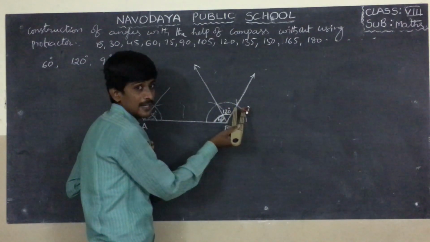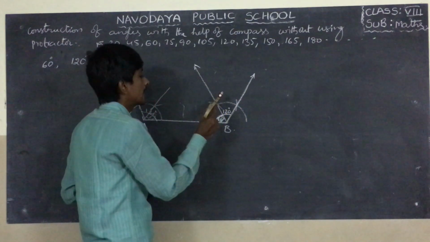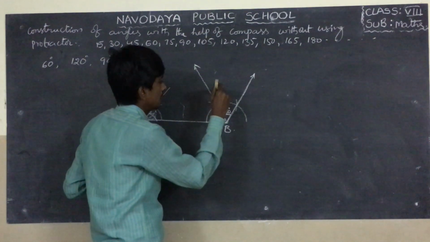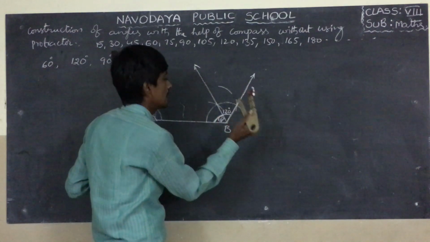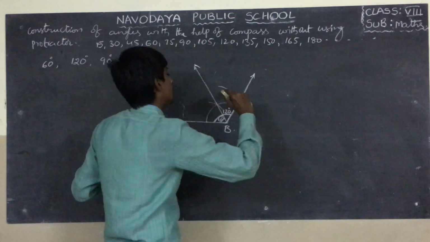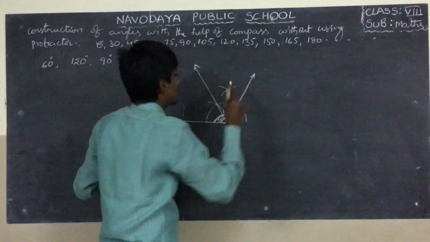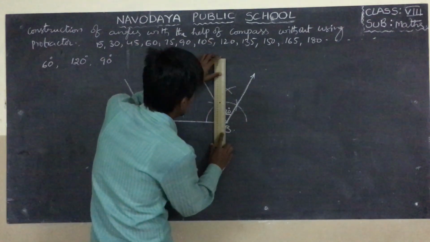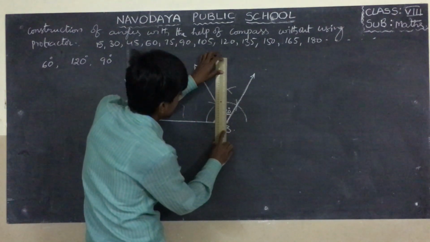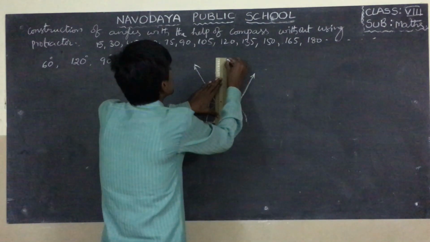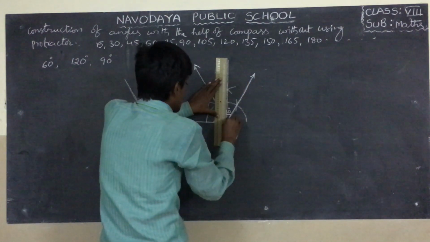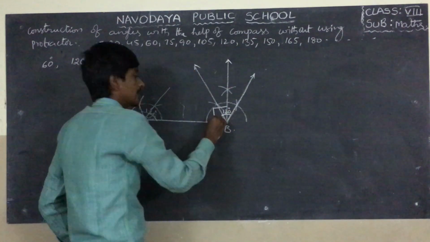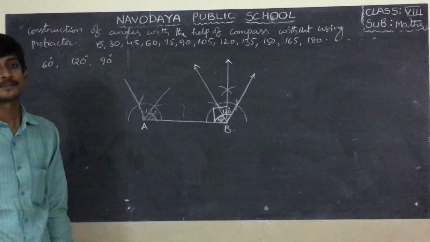Draw two arcs, and where these two arcs intersect, join that point with B. This is 90 degrees.